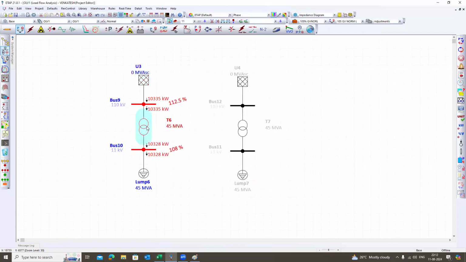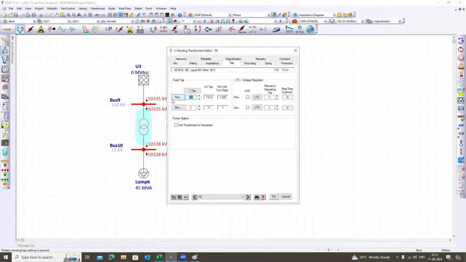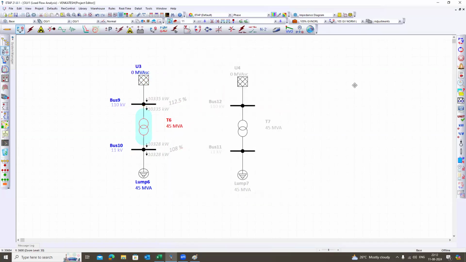For that, I have simply changed this tap to, let's suppose, 5% and checked the voltage at this bus. It is 105.4. But my requirement is to bring the voltage within plus or minus 5%, that means less than 105%. So I have to increase the tap.